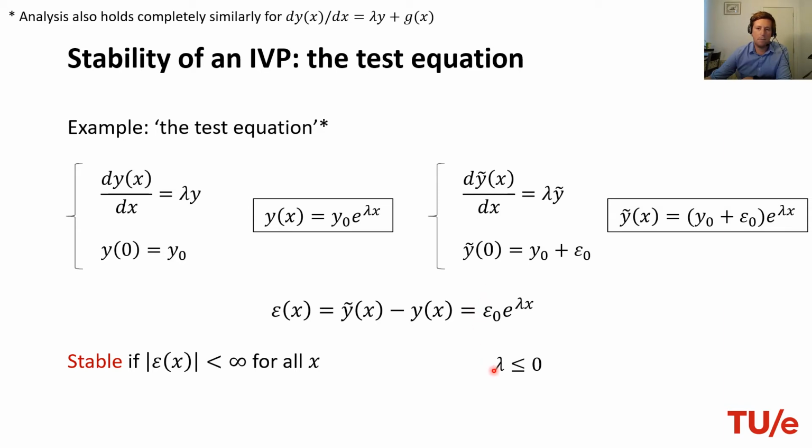If lambda is smaller than 0, then we have what is actually absolute stability: the difference between the perturbed and the original solution will decay as we increase x. So important here is that if lambda is smaller than or equal to 0, we have a stable IVP, so the analytical test equation is stable.